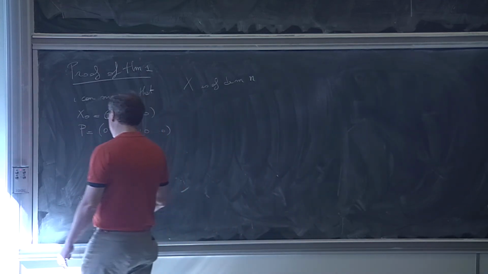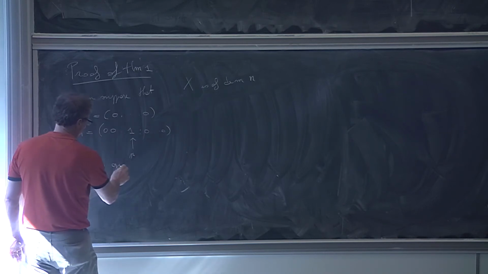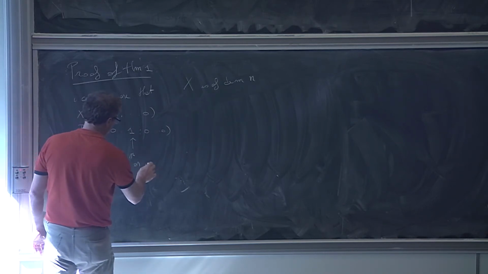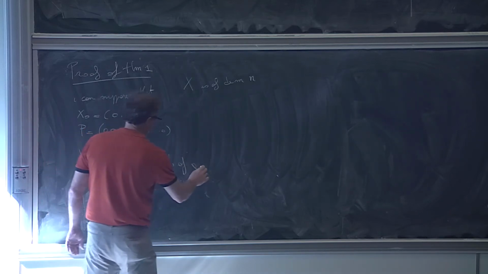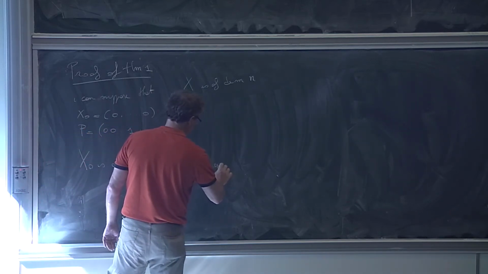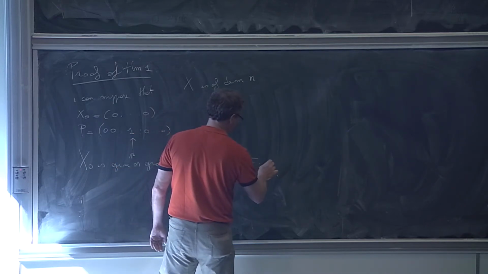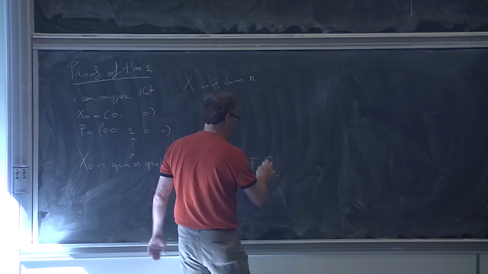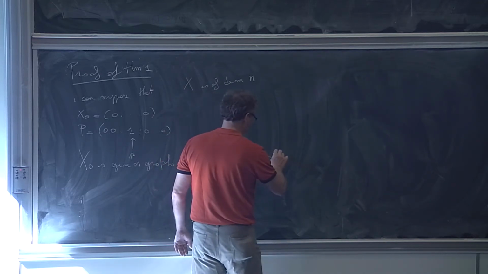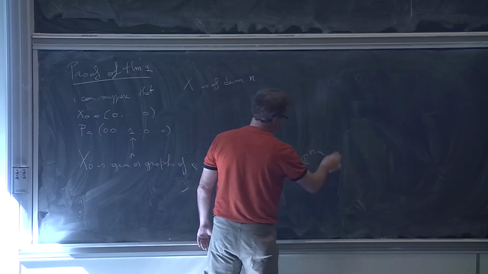And 0 is given as the graph of a function f from, let's say, an open set of C^n to C^(n−r).